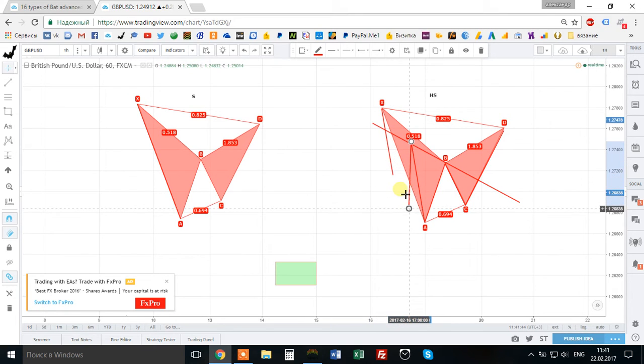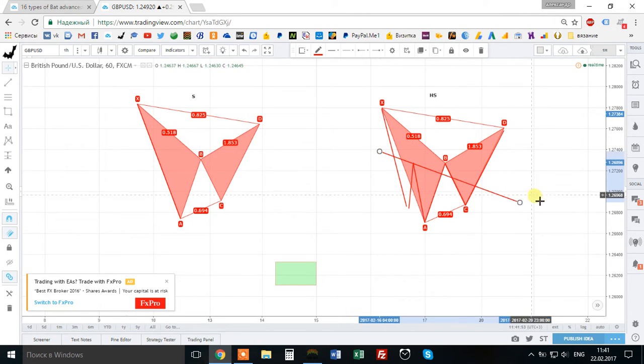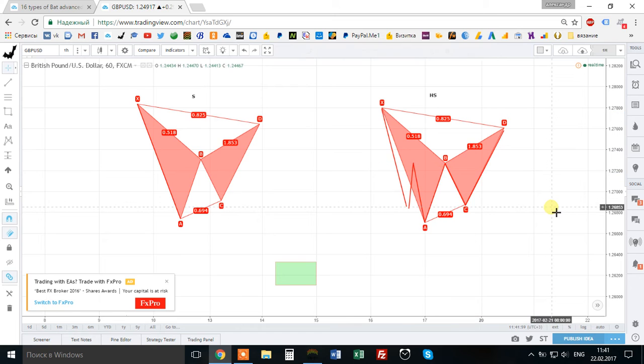We may have it this way. Actually, it is different, and the neckline will be this way. Well, it doesn't really matter. HSS.